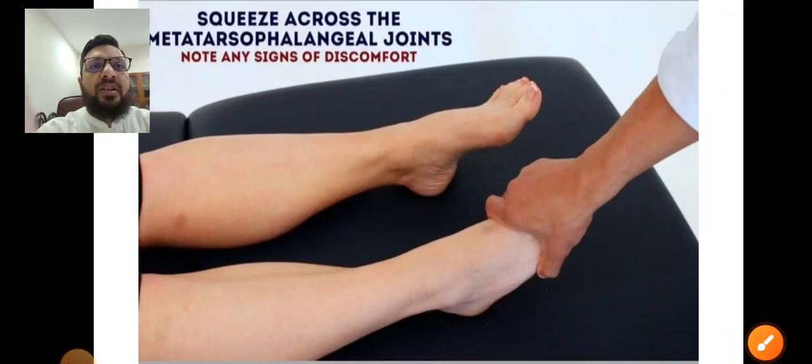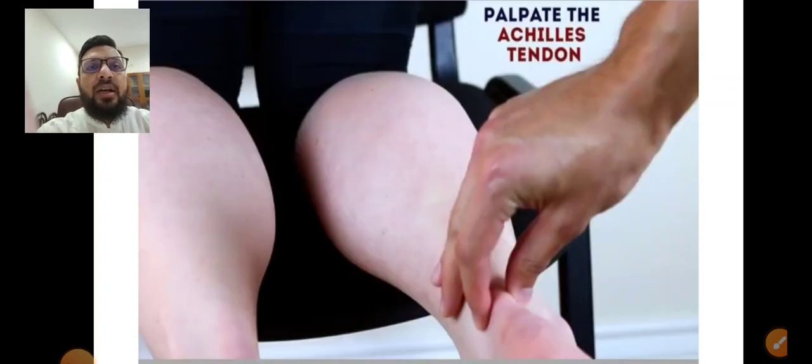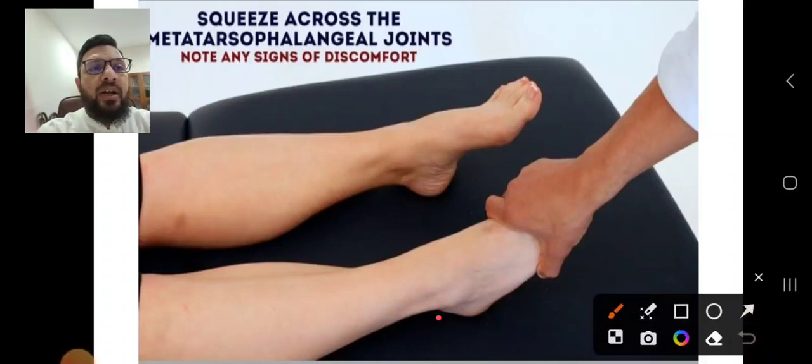Next is that you have to perform all the other palpations. You have to perform the palpation for the posterior tibial artery. Here you will perform it for the dorsalis pedis artery between the first and the second metatarsal.